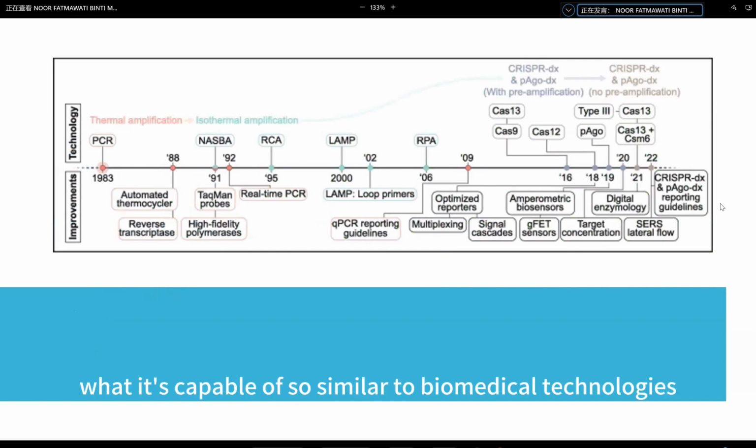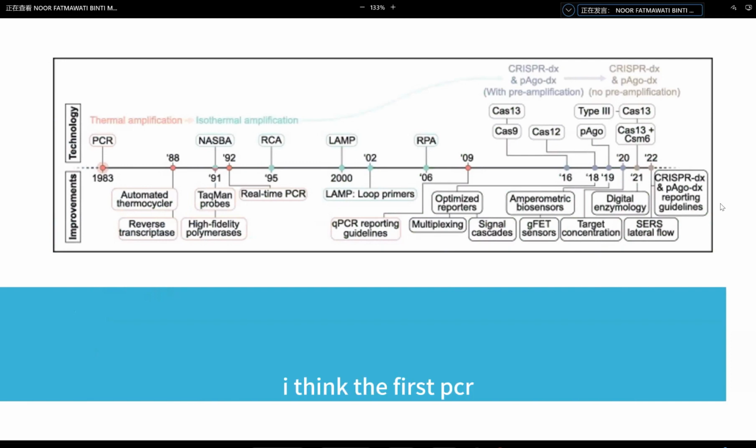Similarly in biomedical technologies, the first PCR was the creation of Kary Mullis. He won a Nobel Prize for his invention of PCR. It was around the 1980s, 1983. He passed away, I think, last year or two years ago.